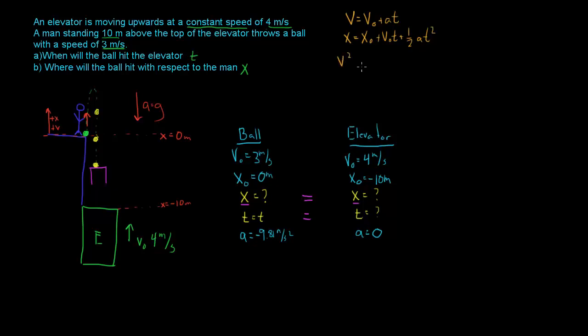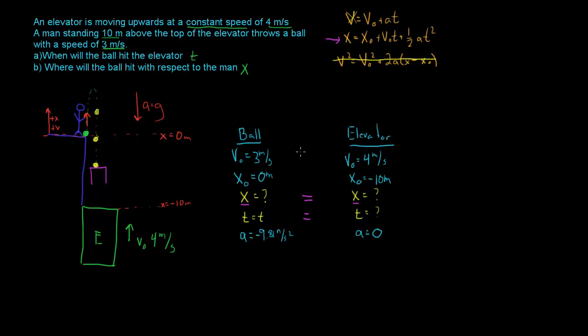And the final velocity squared is equal to an initial velocity squared plus 2 times the acceleration times the final position minus the initial position. Since we're interested in finding time, and we don't know a final velocity for the ball, we don't want to use this last equation. The best equation to use is the distance equation.